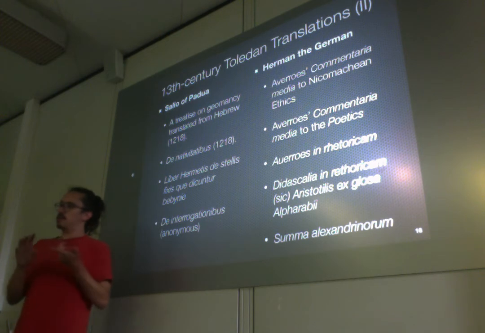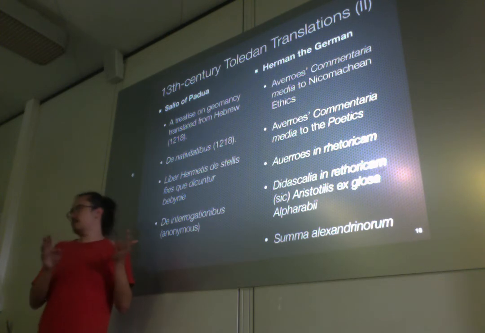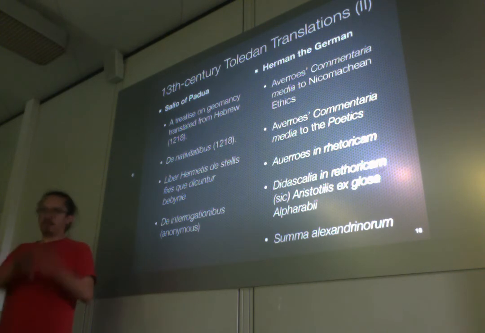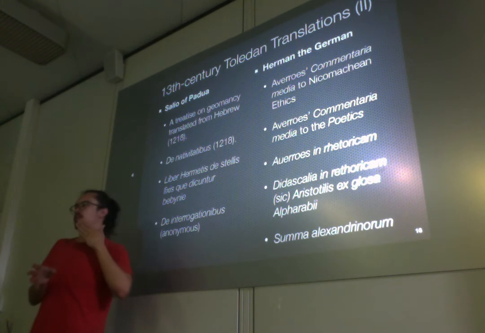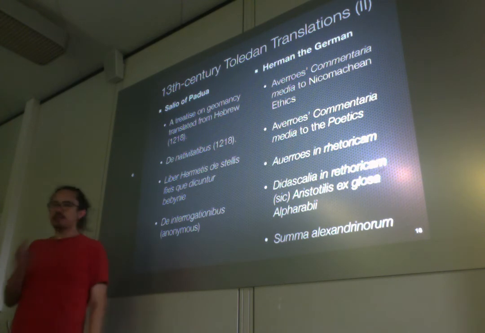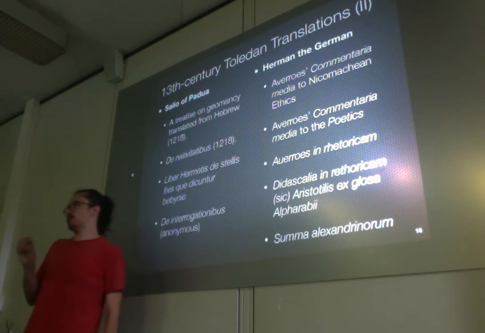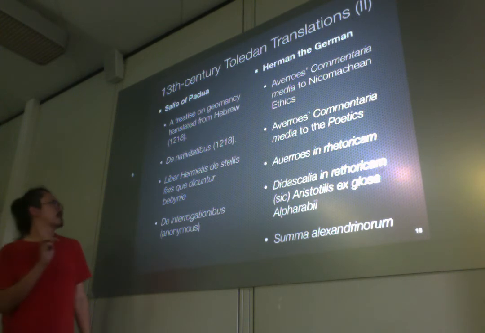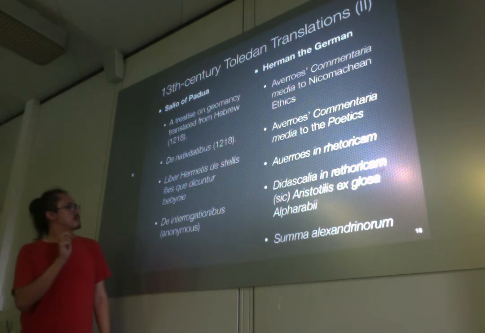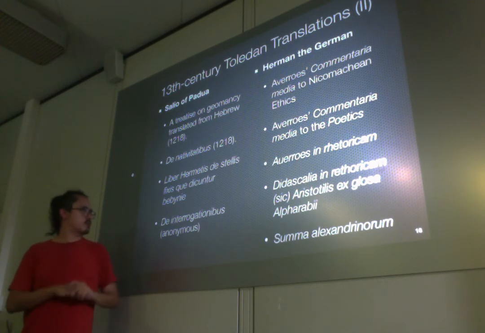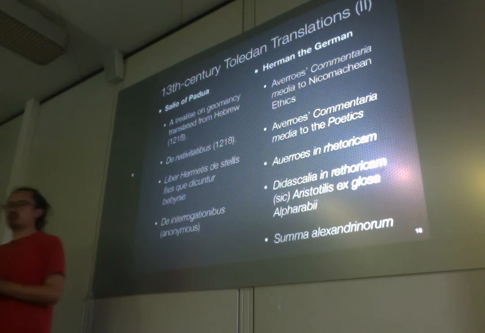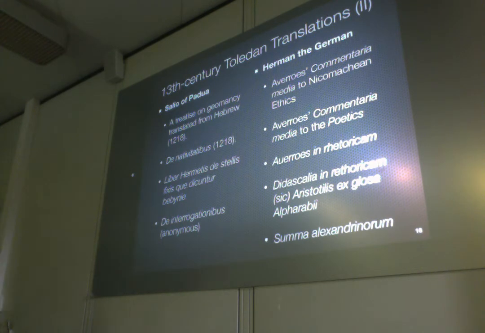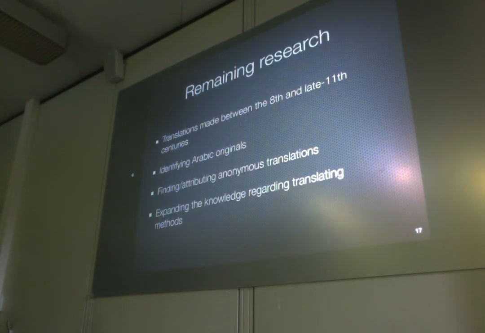We have many works on alchemy, and we have many other subjects. But there are some specific subjects that seem to have been most popular. And the Interrogationibus is an astronomical treatise.